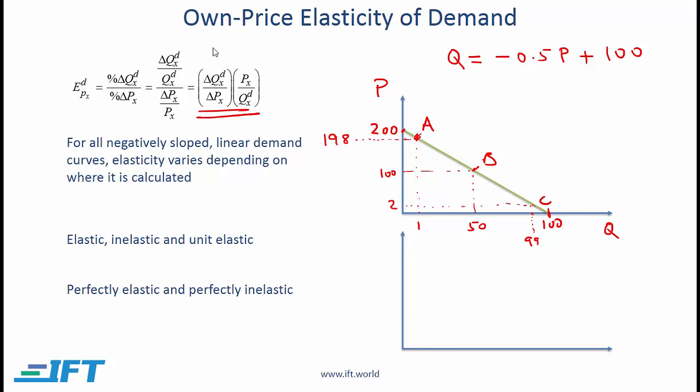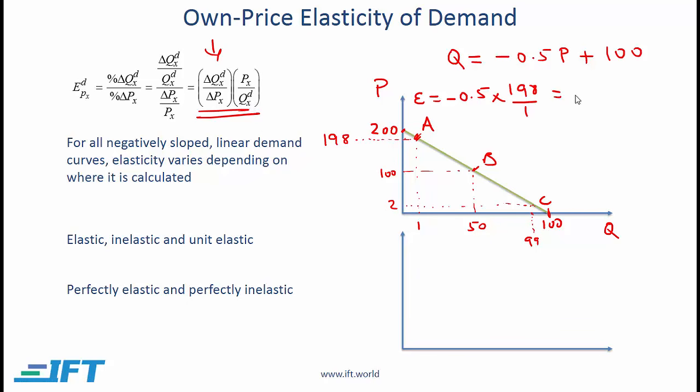We've already seen that this part of the expression, change in Q over change in P, is going to be constant for a linear demand curve, and that constant is this coefficient. So at point A, the elasticity is going to be minus 0.5 multiplied by P over Q. At this point, P is 198 and Q is 1.